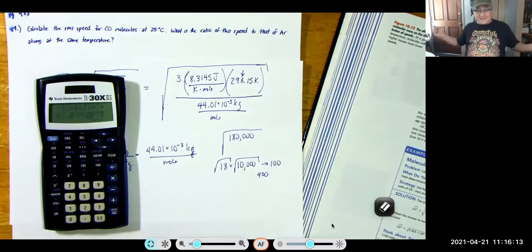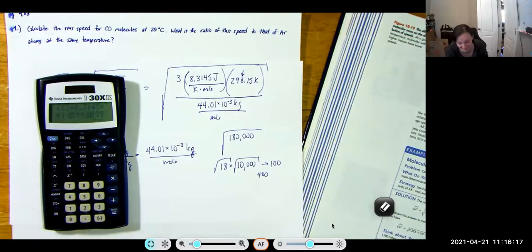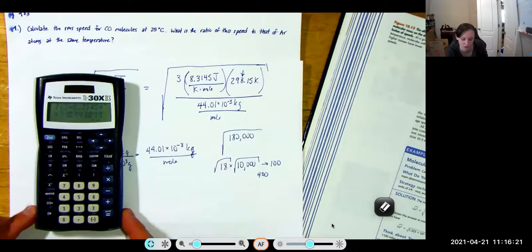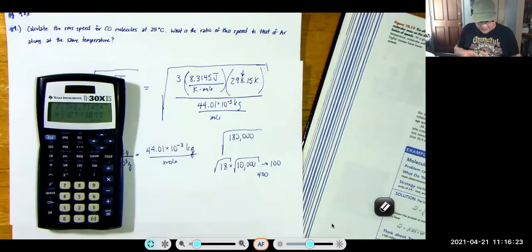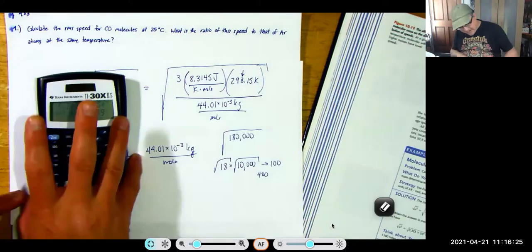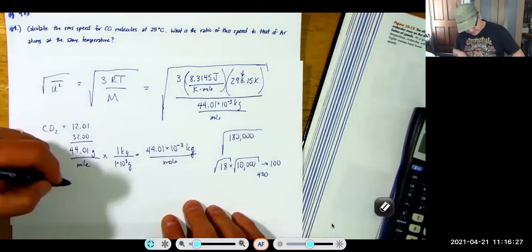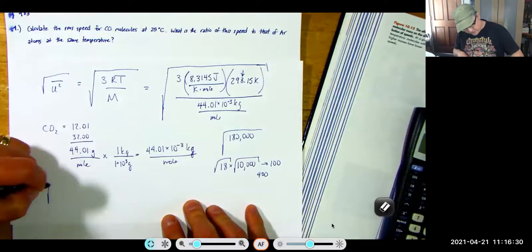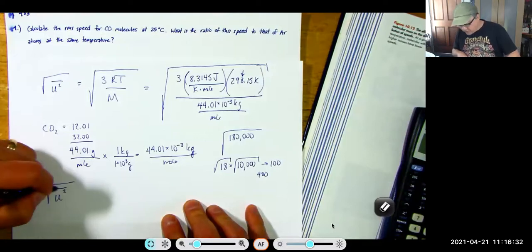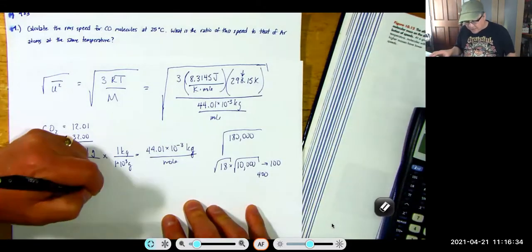Whoa, look at the answer. Wow. And what did we guess? 400-ish. 400-ish. 411. Dang. Good job. So how many significant figures are we allowed here?